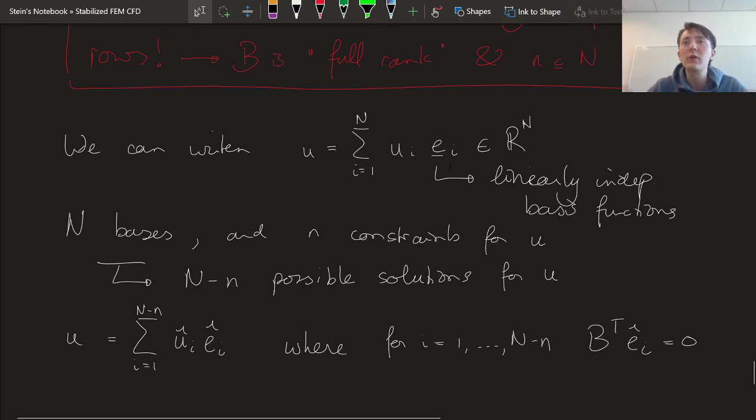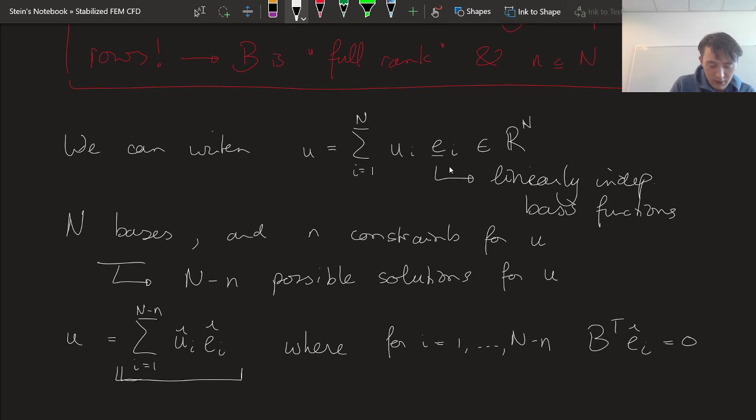Essentially we filtered out all the possible solutions that do not satisfy the constraint. So now we have a new representation for u in a smaller basis, right? Even though this is still going to be a vector in R^N, we suddenly have something that is smaller dimensional. We have n minus this small n.